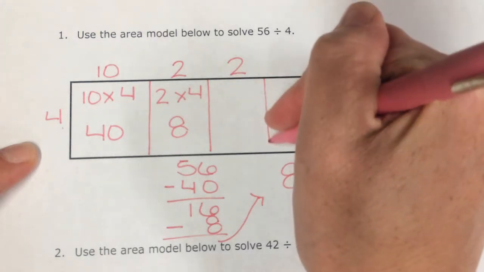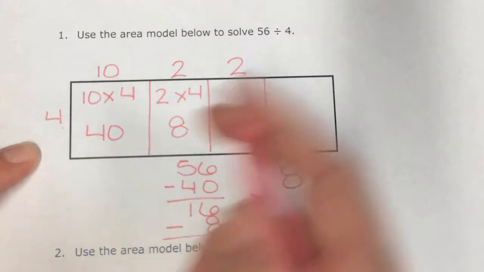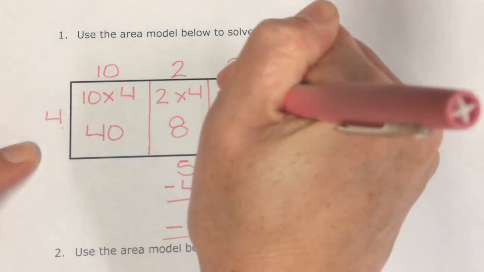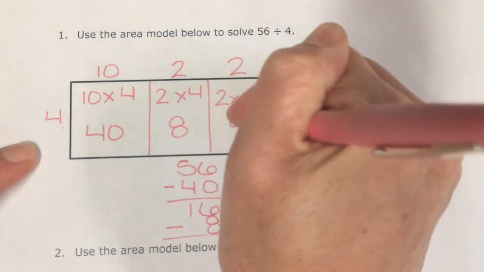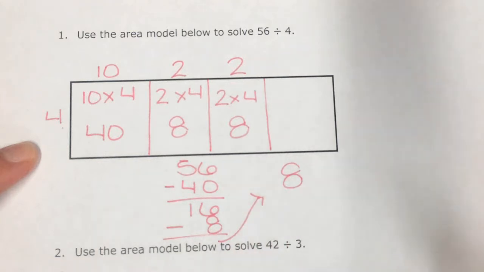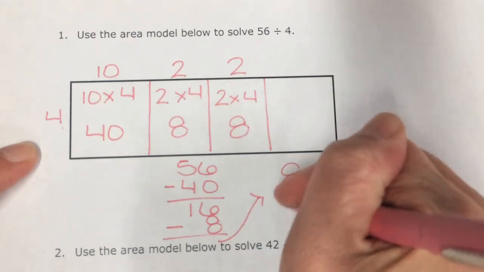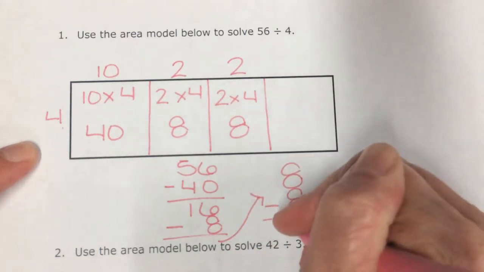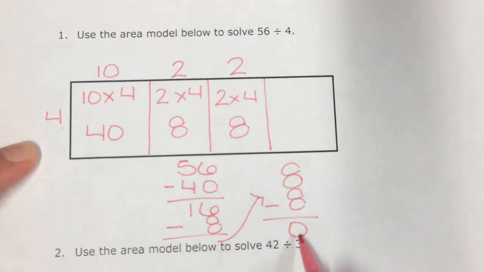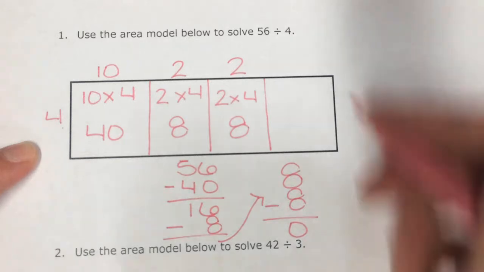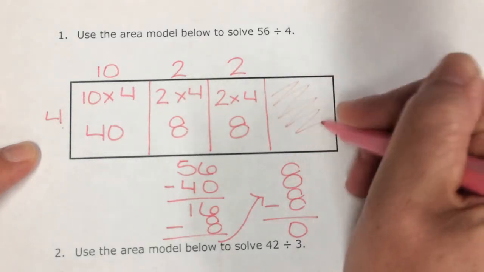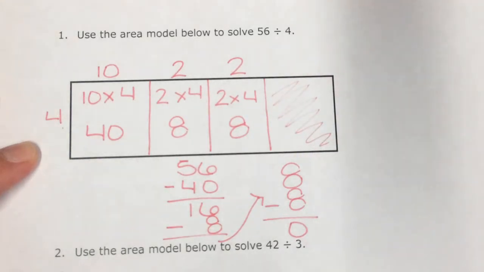Well, if I put in 2 into each of my 4 groups, I used 8 things. Look at that. I only had 8 things to use. When I do my subtraction, I have 0 things left to divide out. Now, I don't even need this box here, so I can just get rid of it.